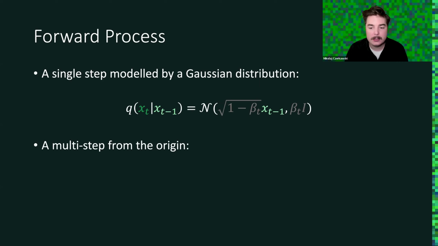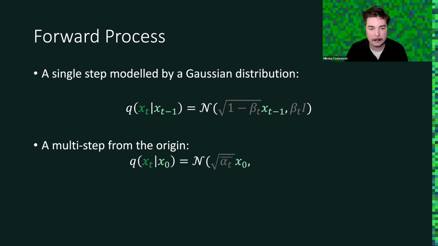And then if we take multiple steps, you can actually find a simplified equation for going from x0 to any xt without going through a chain of xt, t minus 1 to any given t. We can actually jump directly, because that distribution is also Gaussian if we define a forward process as Gaussian.